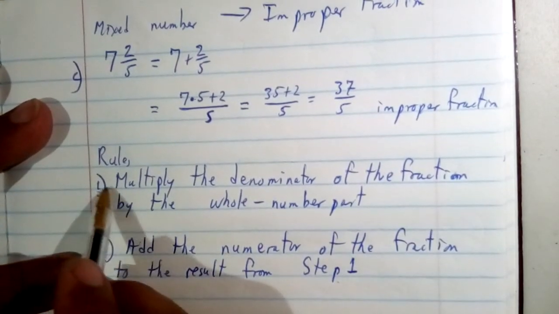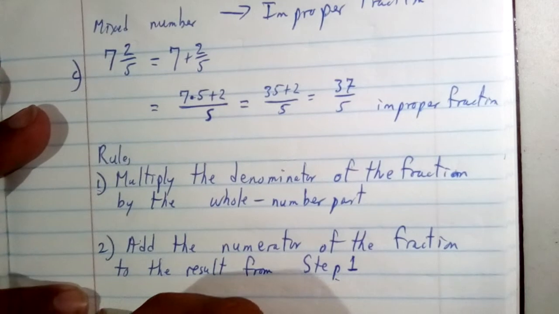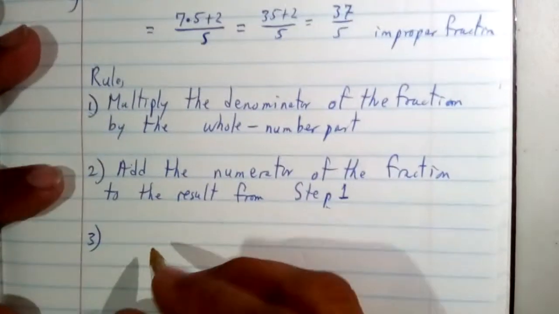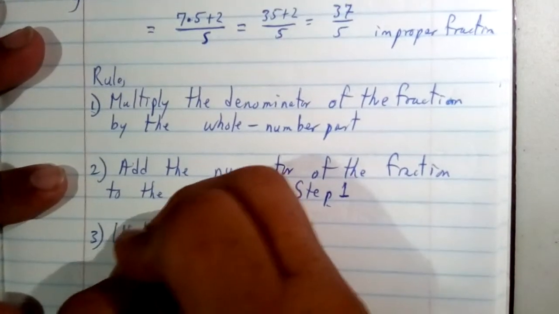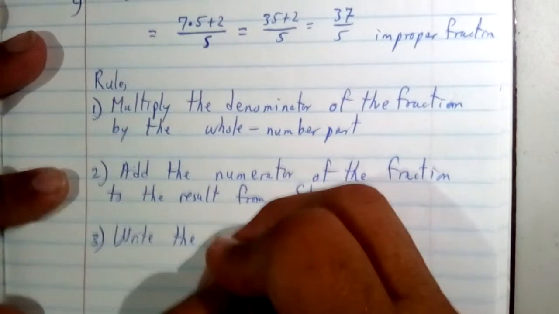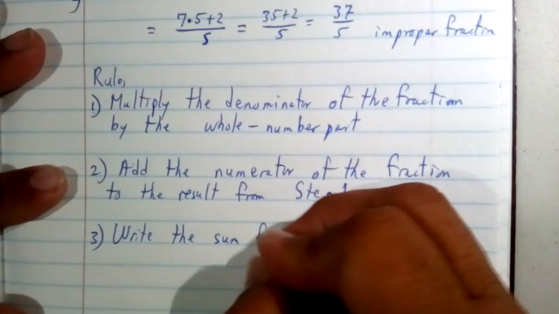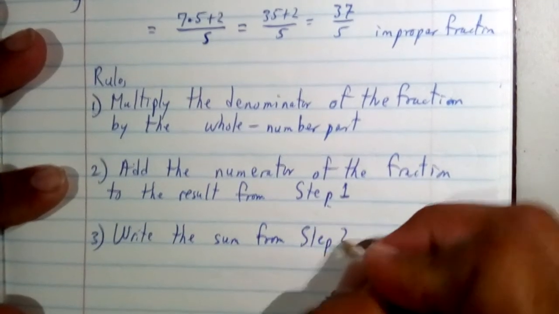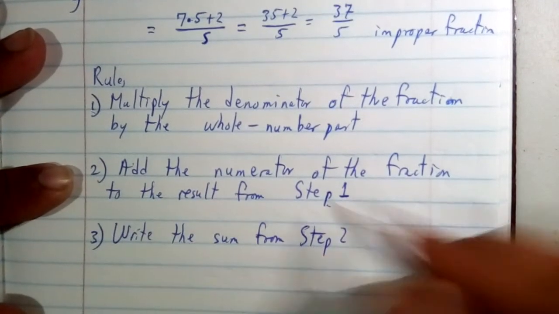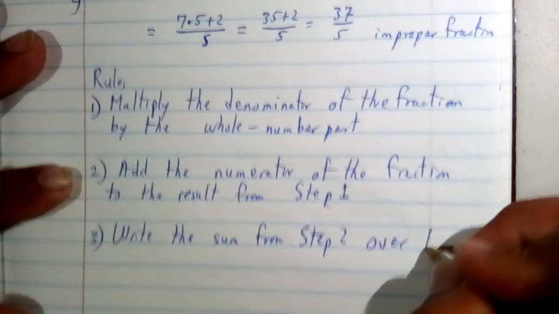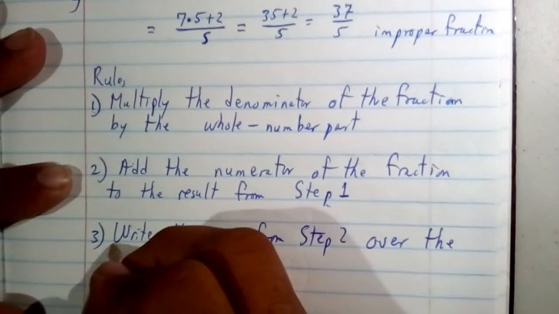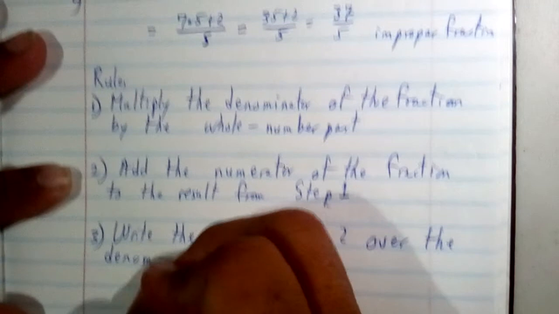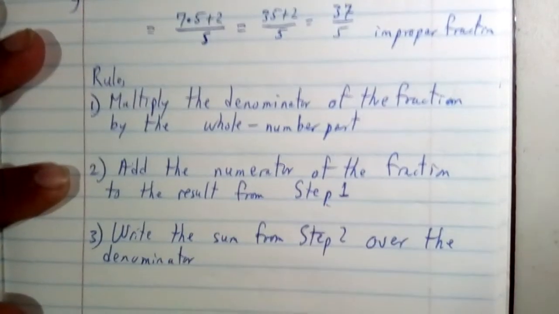This is the step 1. Okay, and then 3, write the sum from step 2. This is the step 2, the sum that you get over the denominator. That's all you need to do.